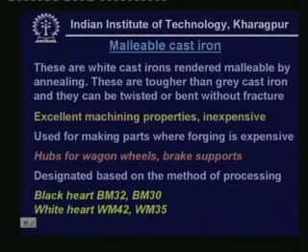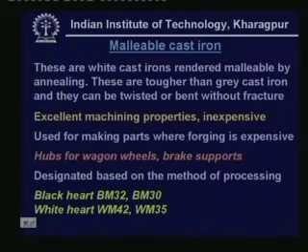Now these types of malleable cast irons are designated depending upon the method of processing. Say if it is made by the black earth method, then it is designated BM, B is black earth, M is malleable, and 32 stands for the strength, then BM 30.